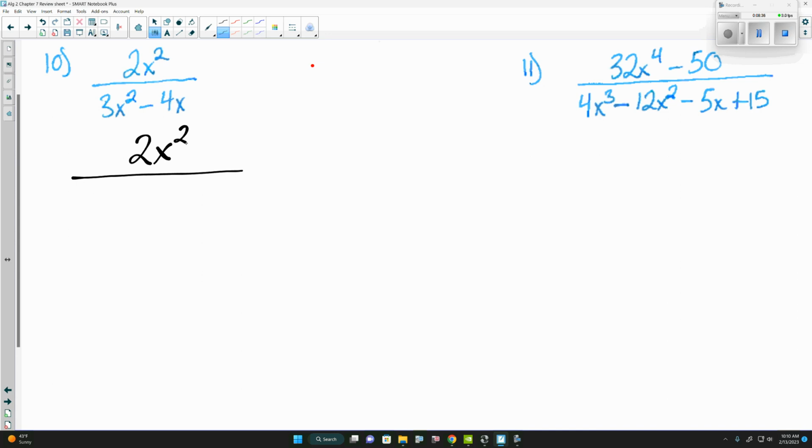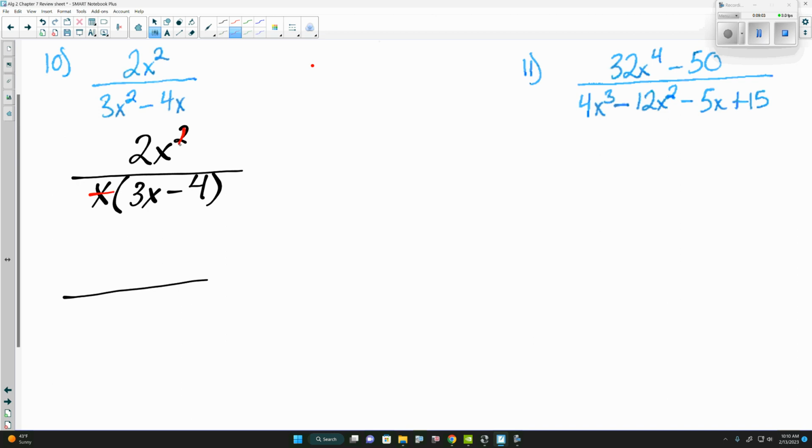But if we look at the denominator, 3x squared minus 4x, they do have a greatest common factor of x that we can factor out. And if we factor an x out of 3x squared, we have 3x. Minus, we factor an x out of 4x, we have 4. Now we do have an x in common on top and bottom that will simplify.